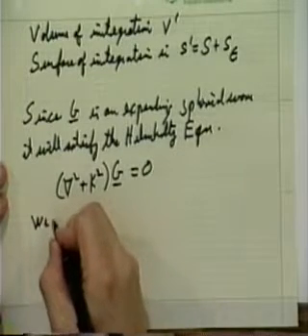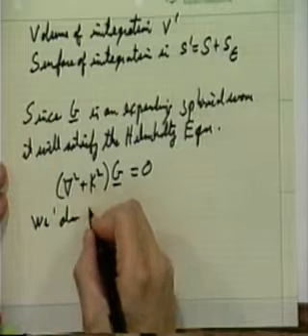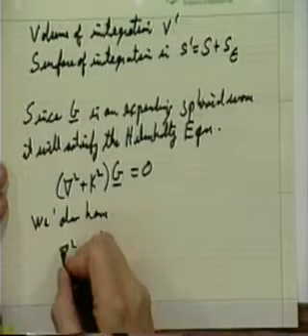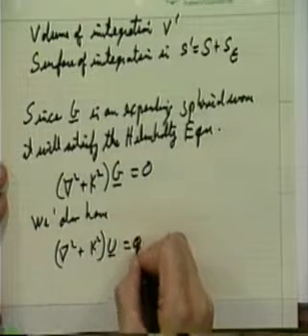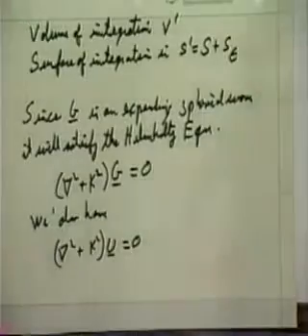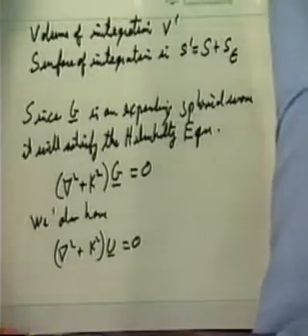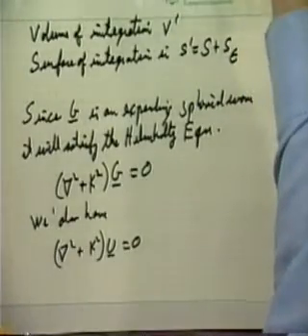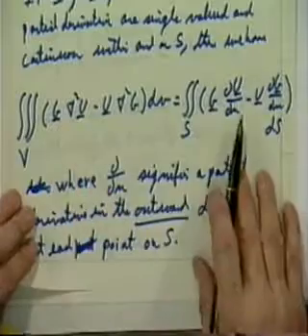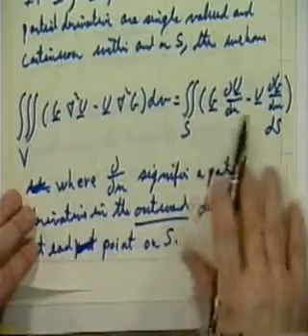And we also have del squared plus k squared times U equal to 0. Okay. So now we will use that, going back to the equation we had for the Green's theorem, where we had the integral over the volume and this integral over the surface.